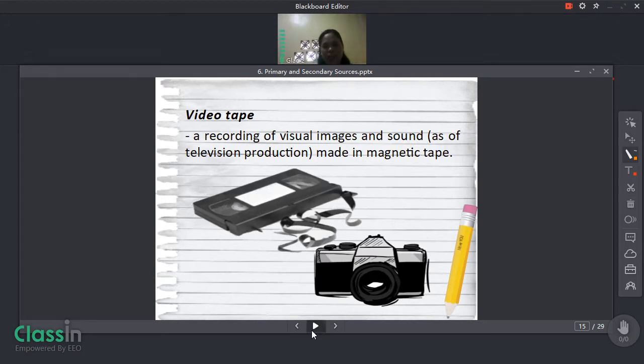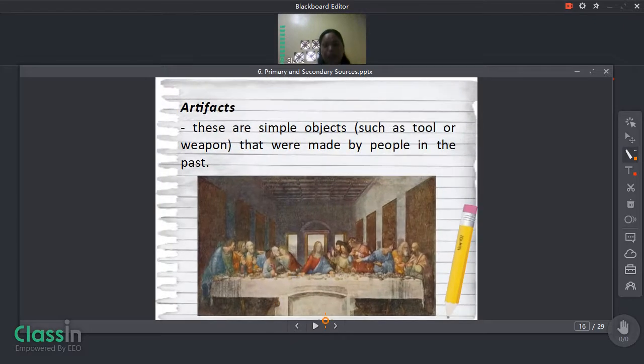And then next are the artifacts. These are simple objects, a tool or weapon, that were made by the people in the past.